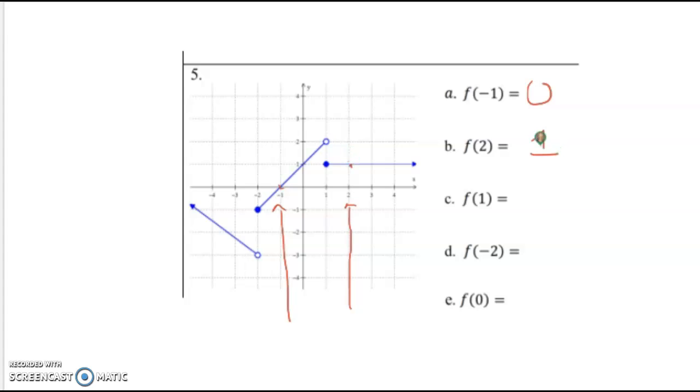F of 1, I'm looking on that graph, and I have a closed circle and an open circle. The closed circle is the one that's the point. The open circle means it's everything up to that, but not including that value. So that would be right here at 1. Again, you're completing the rest of this page, front and back, and then submitting your pictures on Google Classroom.